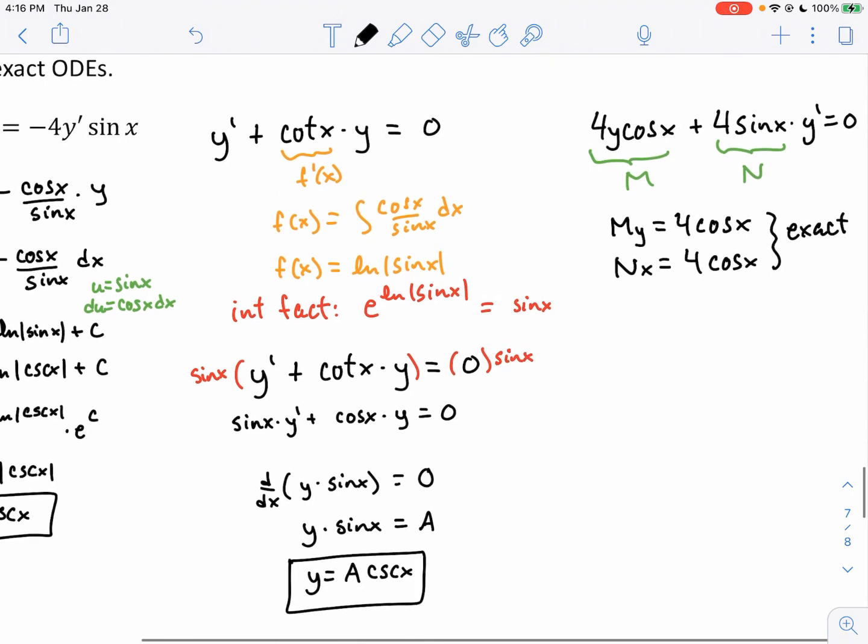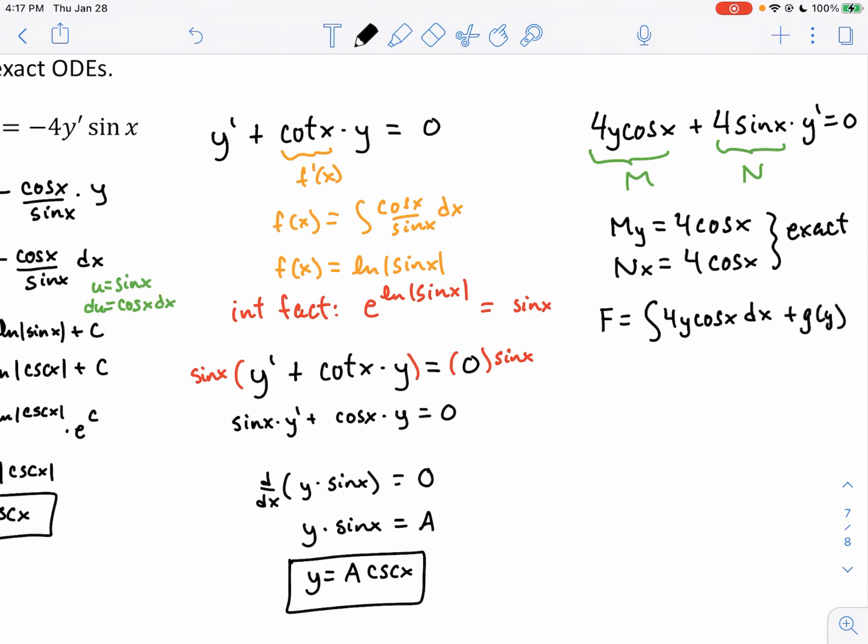Now let's go ahead and get our answer. Capital F will be the antiderivative of M, 4y cosine x with respect to x, and then add an arbitrary g of y. So that is 4y sine x, plus some g of y.